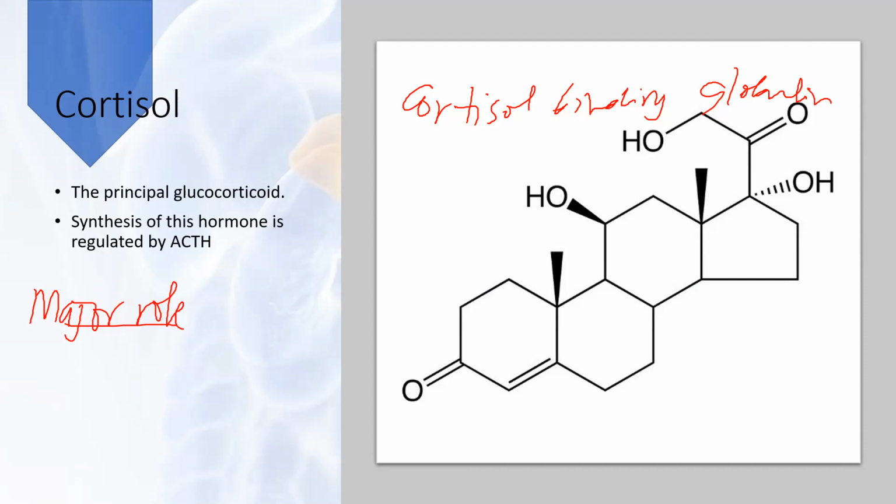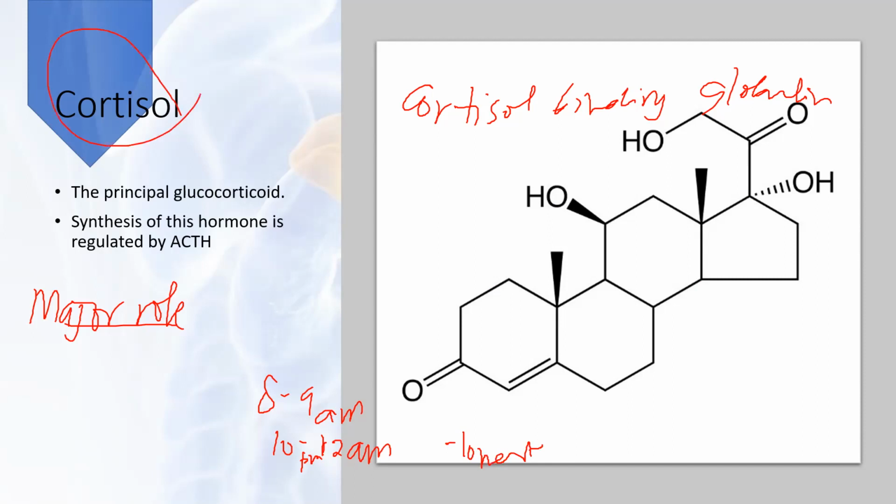Kaya nga sabi natin sa cortisol, siya ay merong diurnal variation. Ang peak level niya is between 8 to 9, sometimes 6 to 8, according to ACTH. So 8 to 9 a.m. is the peak, and 10 p.m. to 12 a.m. is the lowest point.